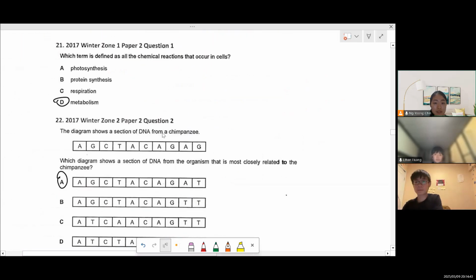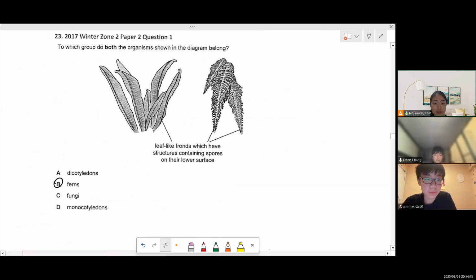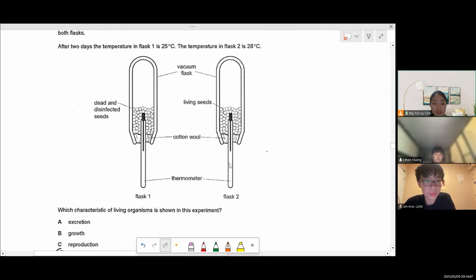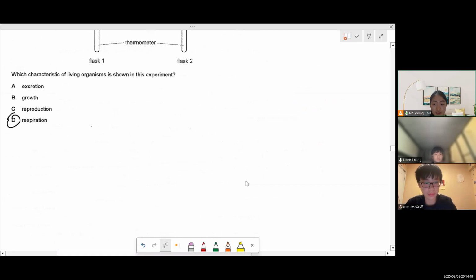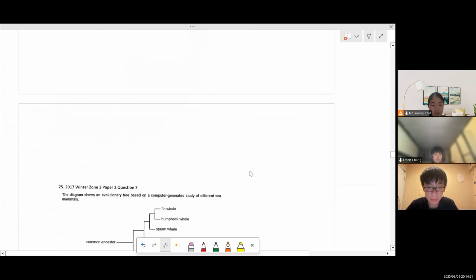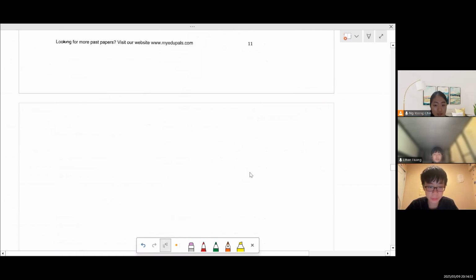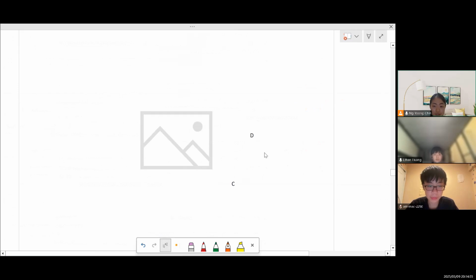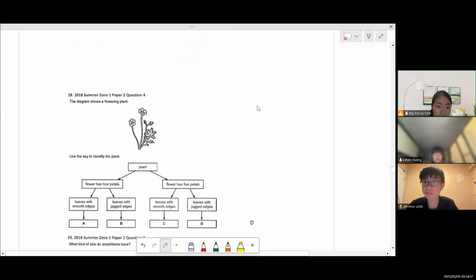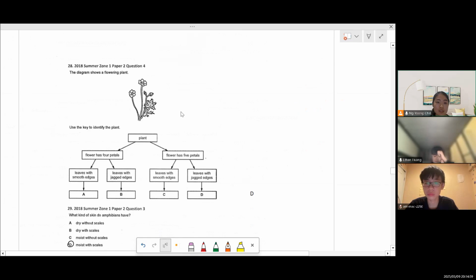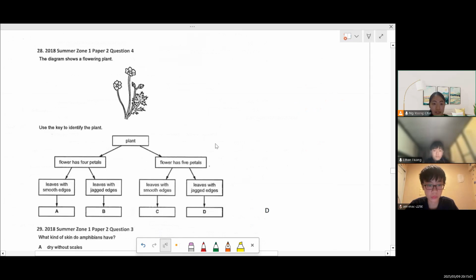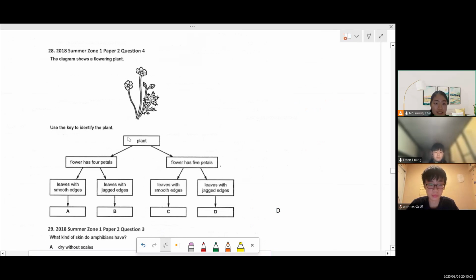Okay, metabolism or chemical reaction. Then this is a fern. Okay, for this one, flowering plant. Use the key to identify the plant.